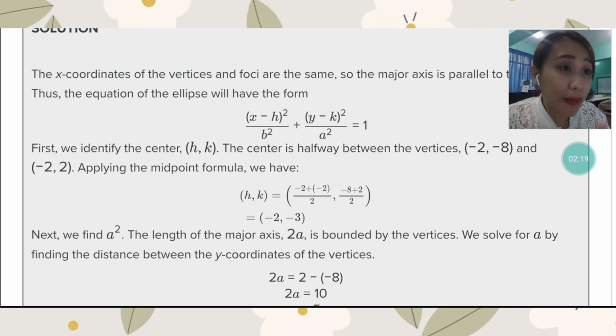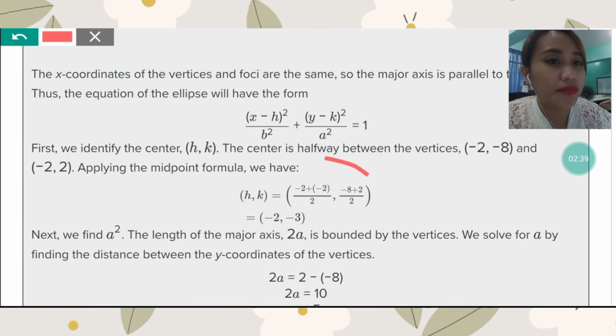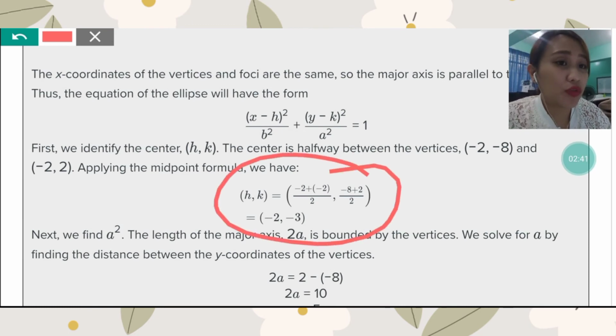If you can still remember, the formula for the midpoint was M = ((x1 + x2)/2, (y1 + y2)/2), since we are looking for the coordinates of the center. So we have here the solution to solve for the center (h, k).